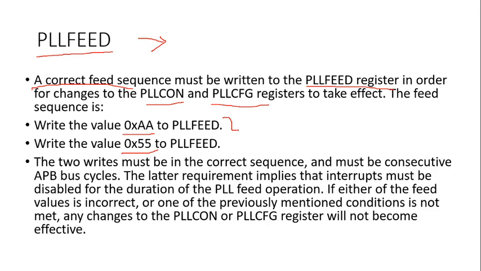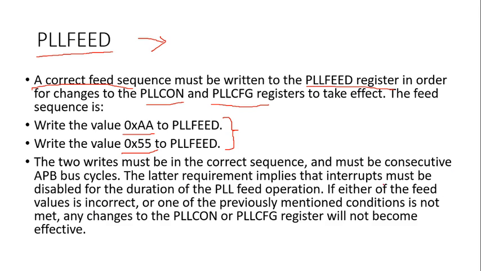This sequence must be given in the same order. First AA should be given, and second 55 should be given to the PLL feed register. Then only it is going to reflect your changes in the PLL control register and PLL configure register. The two writes must be in correct sequence and must be consecutive APB bus cycles.